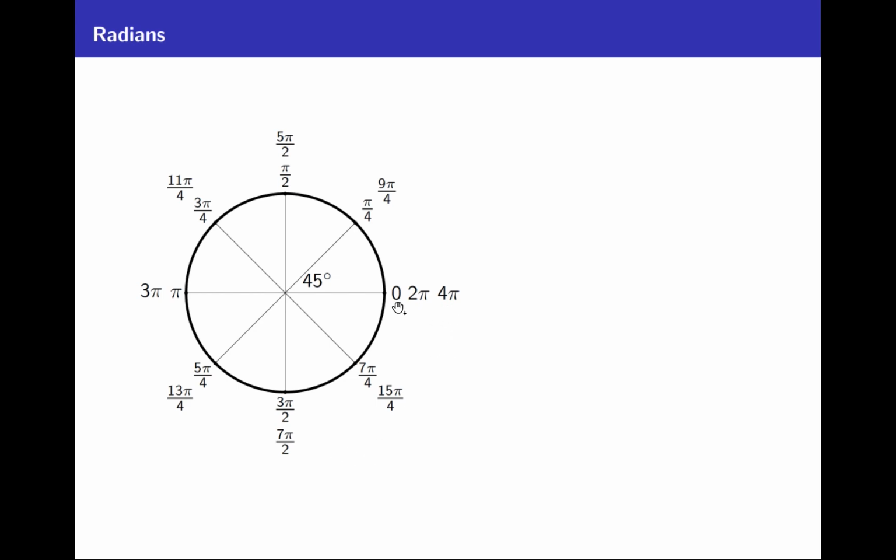So notice that 0 radians, 2 pi radians, and 4 pi radians, they're all at the same point on the unit circle. 0 radians, you haven't gone anywhere. At 2 pi radians, you've gone around once. At 4 pi radians, you've gone around twice. 2 times 2 pi is 4 pi. And of course, this continues in this fashion forever.